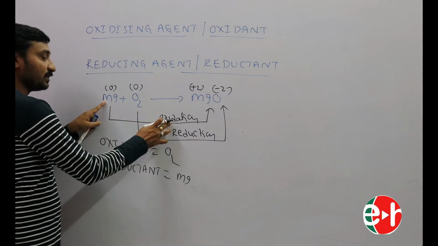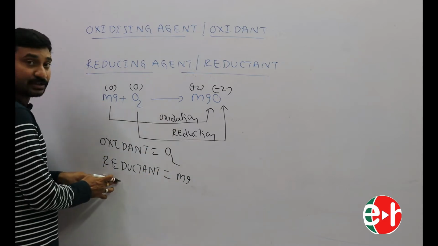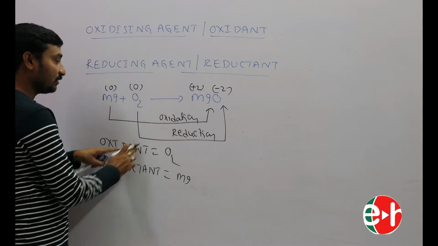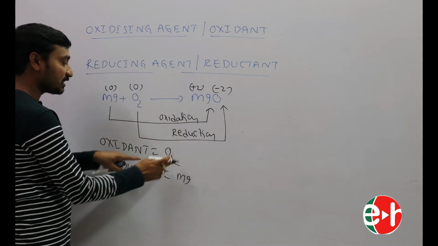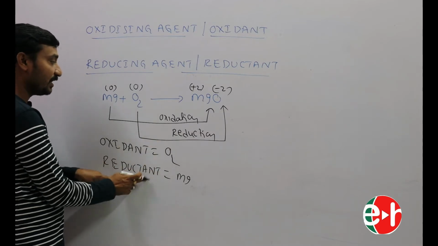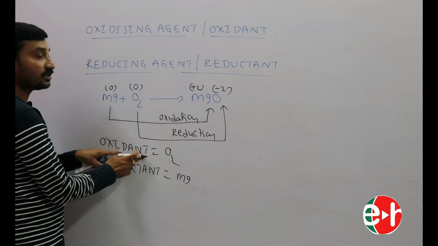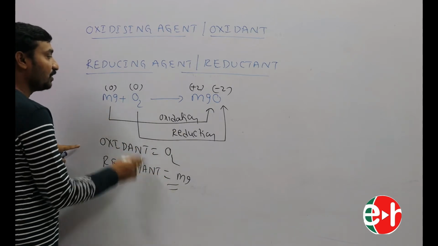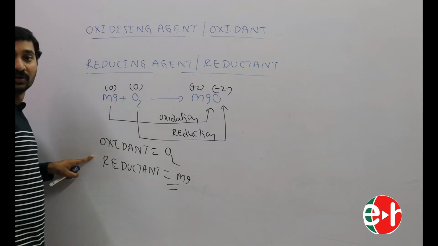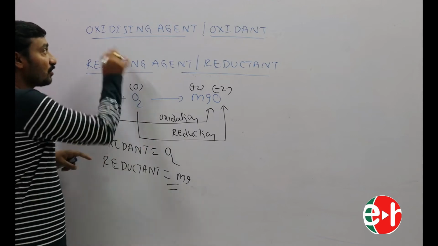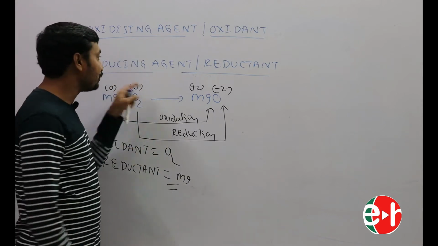Which undergoes oxidation, that is reductant. Which undergoes reduction, that is oxidant. In this reaction, magnesium is the reductant and O2 is the oxidant. So this is the definition for oxidant and reductant, or oxidizing agent and reducing agent.